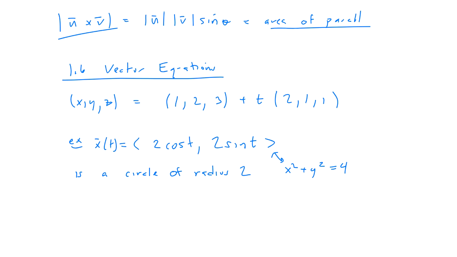The two things that the parameterization or vector form give us are, one, it says we're moving along the circle, so we can talk about position and velocity along the circle. And the other, it lets us rewrite things that aren't quite functions into things that sort of are.